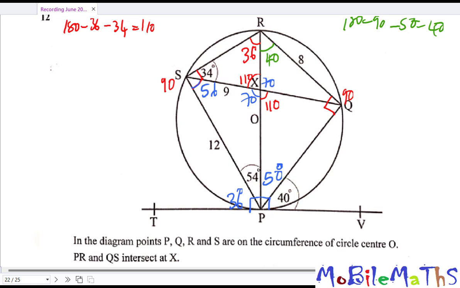So we have filled much of our triangle. I think we are left with these ones. Here, this is a triangle, so we can find the angle there. 180 minus 70 minus 40, we are going to get ourselves 70 degrees here. We know it's a 90, so 90 minus 70, this is 20 degrees. Okay, I think we have filled up everything and we can now answer the questions.